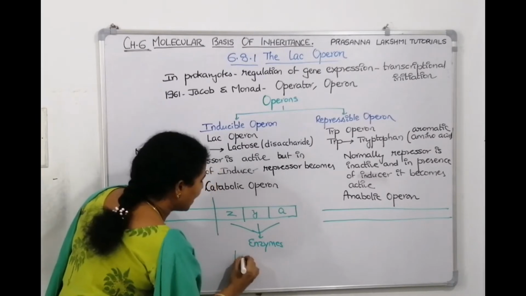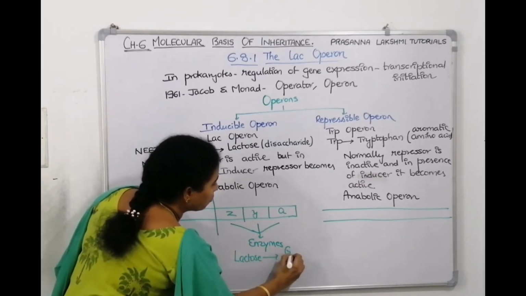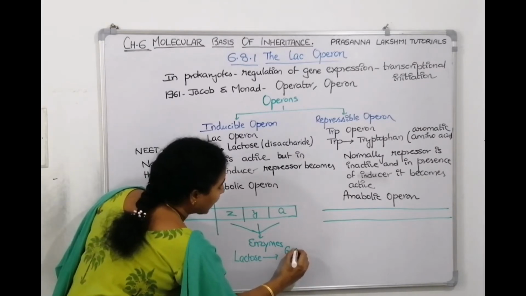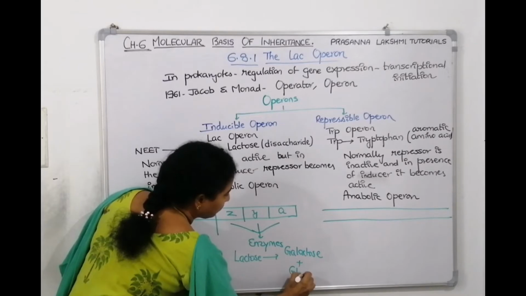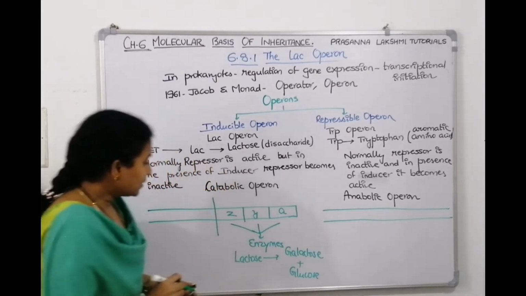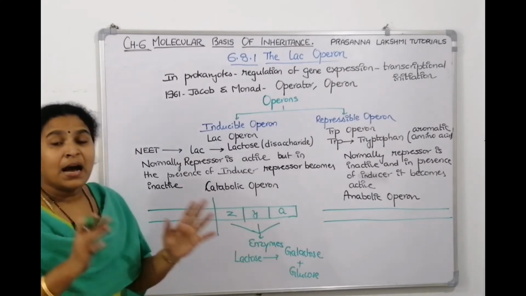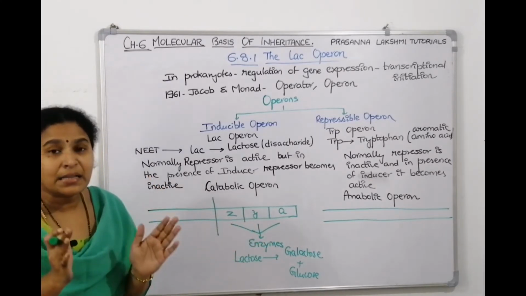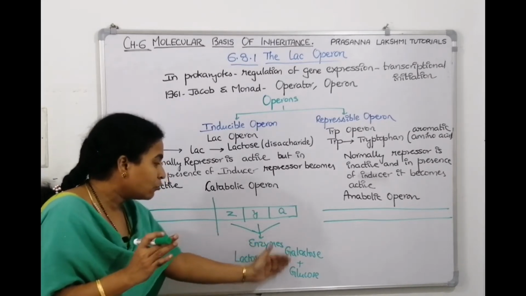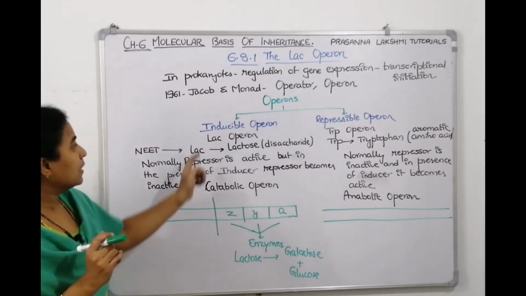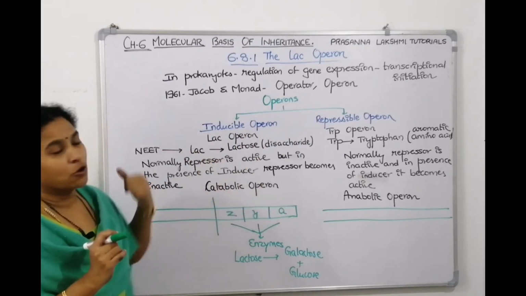These enzymes will help in breakdown of lactose into monosaccharides called galactose and glucose. Since the enzymes made by the Lac Operon ZYA are useful for the breakdown of lactose disaccharide into two monosaccharides, we are telling Lac Operon, an inducible operon, is an example of catabolic operon.